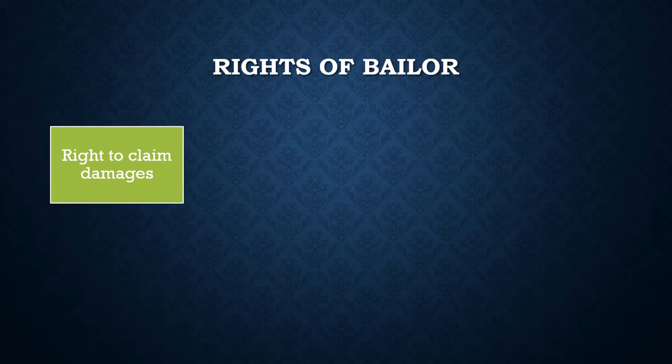Reasonable care is that amount of care which a prudent man of average intelligence in that particular situation would have taken. So if bailee is not taking that reasonable care, and because of it goods are destroyed or partially destroyed or some defect occurs to the goods, in such cases the bailor has a right to claim damages.